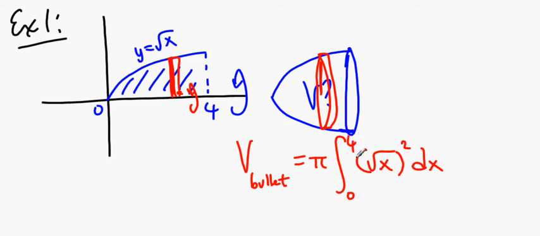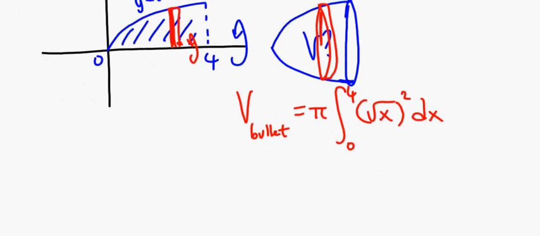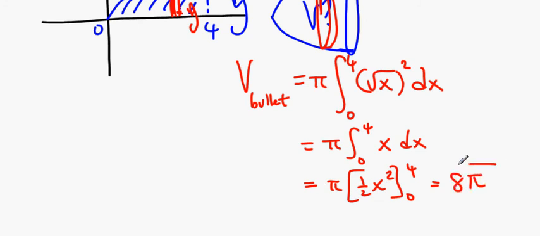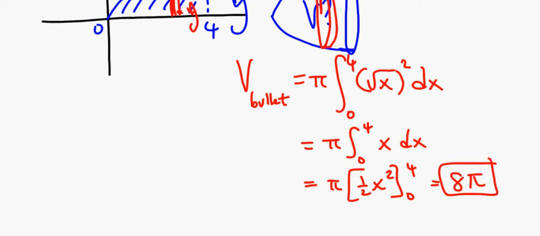Now I can do that. If I've got a calculator, I can just plug it in, but I can actually do this without needing the machine. The square root of x, squared, is easy. And then I know how to take an antiderivative. So 16 minus 0, take half of it, multiply by pi, and I've got a volume.